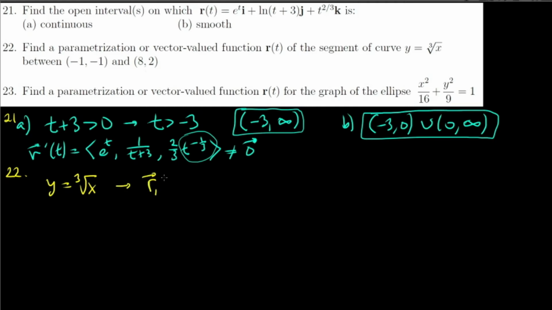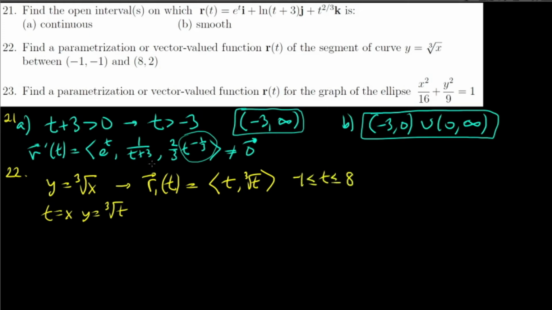One, I'll call R1, the most direct way: let's just say t is x, and then y is going to be the cube root of t. So you can do t and then the cube root of t. If t is x, x is going from -1 to 8, so t is going from -1 to 8. So that's one possible answer.